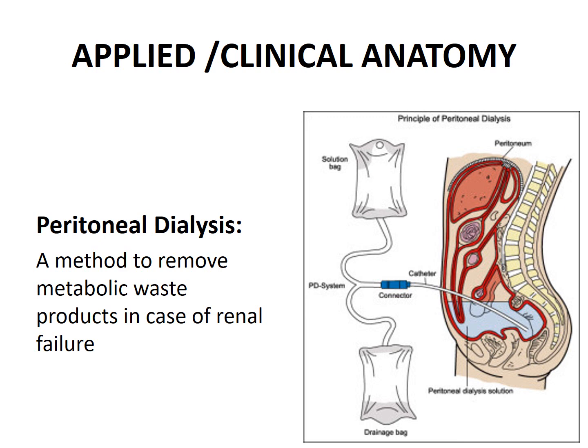So in that case, the cavity of the peritoneum is used for the removal of the waste by using some solution, generally different types of saline solutions, which will be inserted inside the peritoneal cavity, and then after some time it will be removed from the peritoneal cavity, and this is known as peritoneal dialysis.